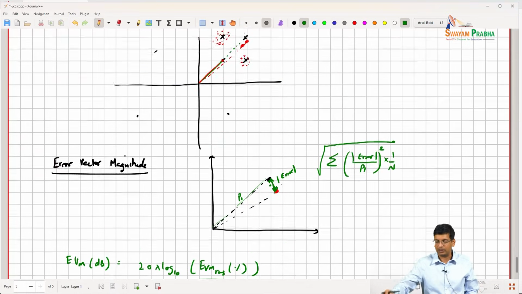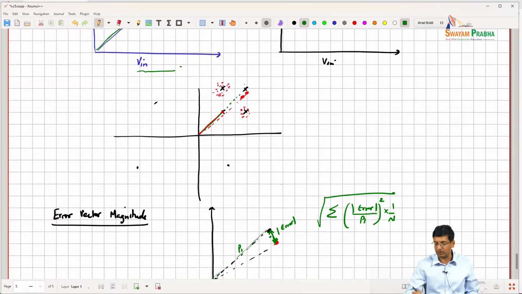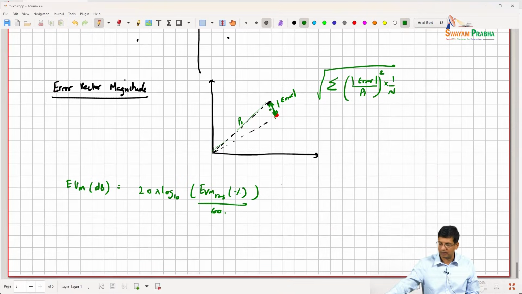You can see that clearly AM-AM and AM-PM are going to cross this kind of error vector magnitude, and the more AM-PM I have, the more AM I have, the poorer my EVM is going to be. And so this is phenomenon 1.